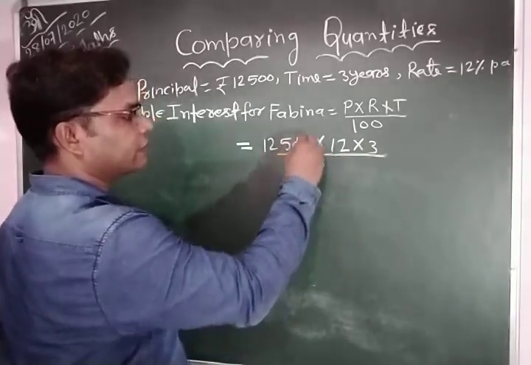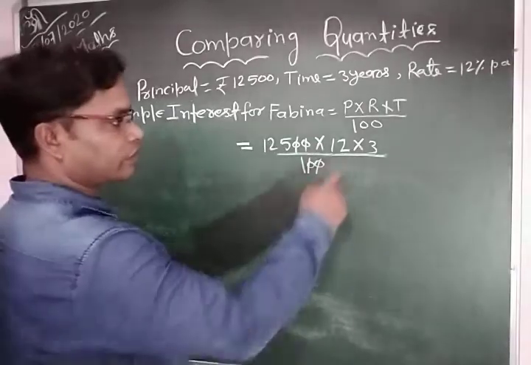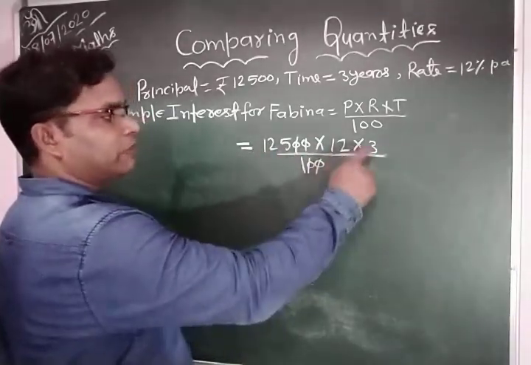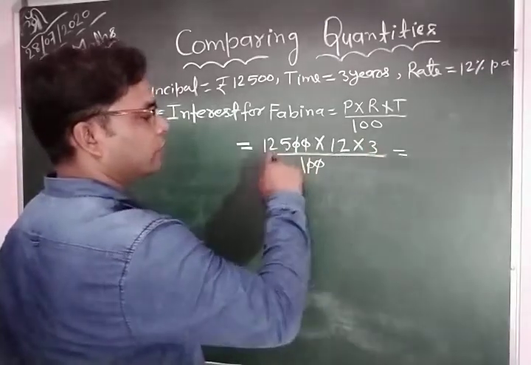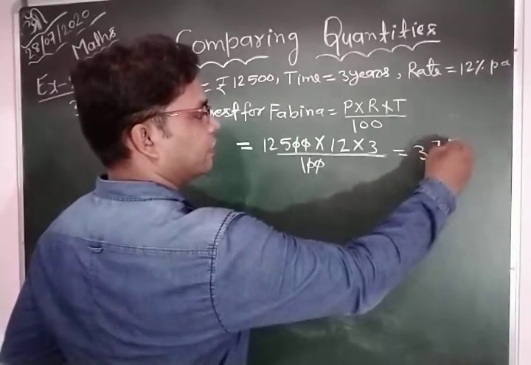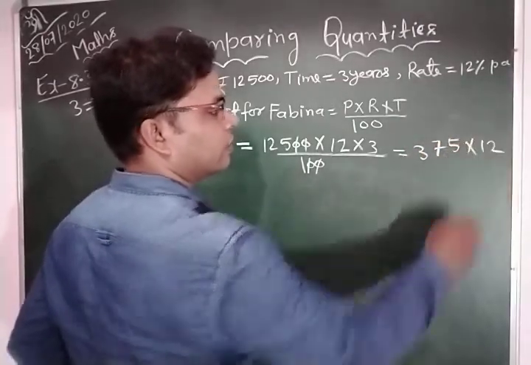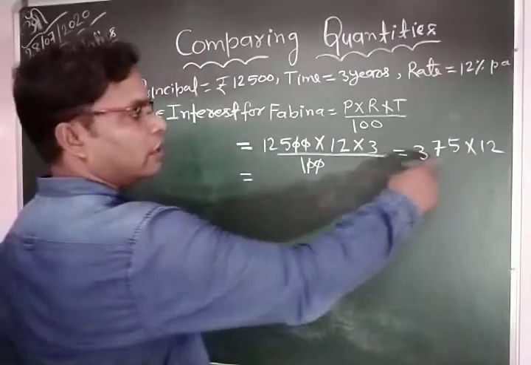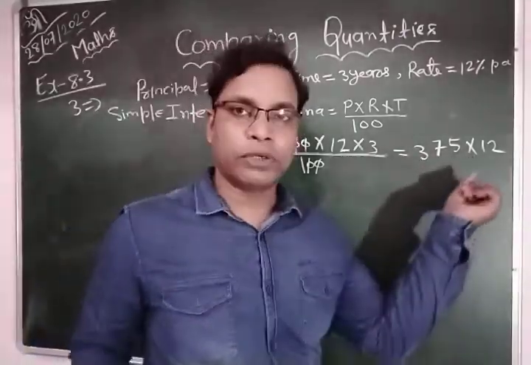This is cancelled. Okay, and 125 multiplied by 3 is equal to 375 into 12.